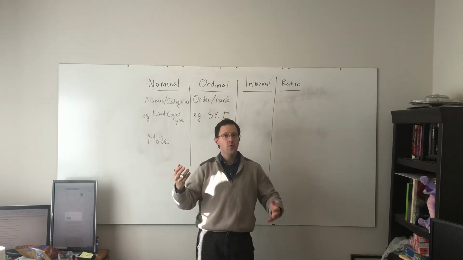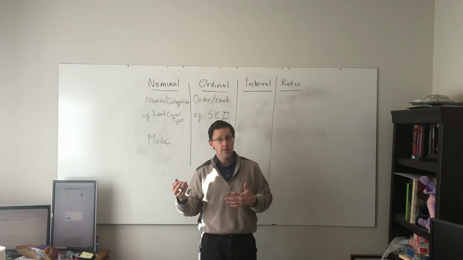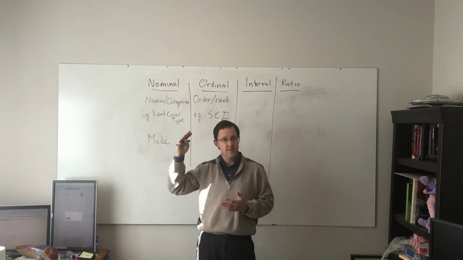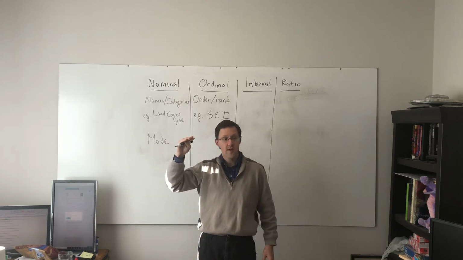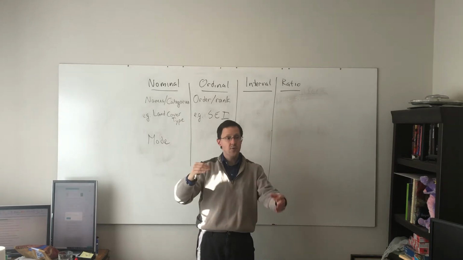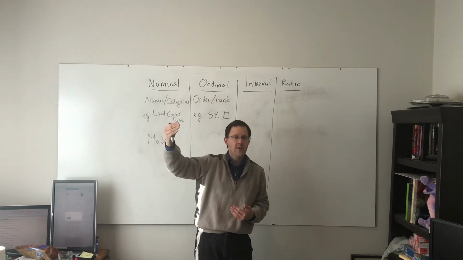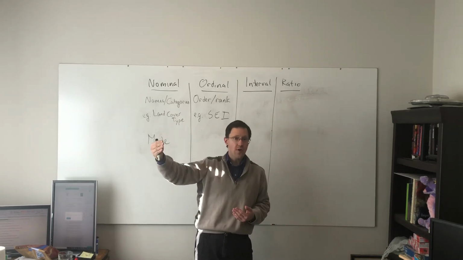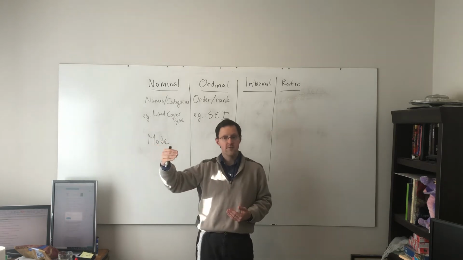When you're filling out those questions at the end of the semester, you would say something like excellent, good, fair, satisfactory, poor. Because there is an ordering, I can say excellent is better than good. Good, therefore, is greater than fair.